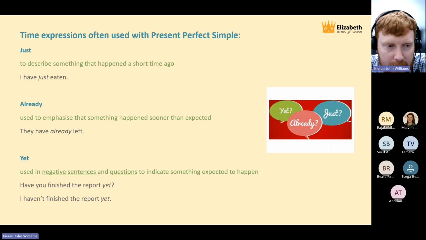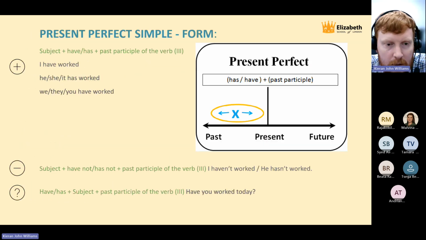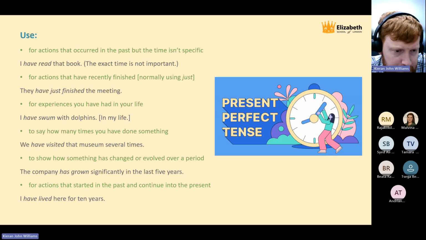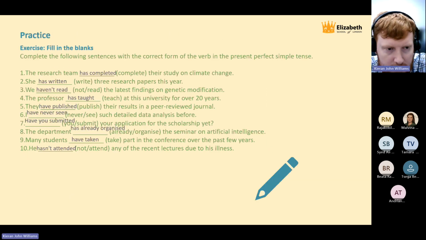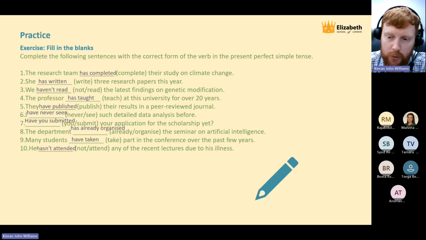So you are going to be using, if we go back, has or have, and the past participle, the third form. Okay, so if we come back to the questions, you've got 10 questions. Can you complete them for me? You can write them in the chat, or you can tell me when I ask you. Okay, so 2 or 3 minutes, complete the activity, and then we'll check.